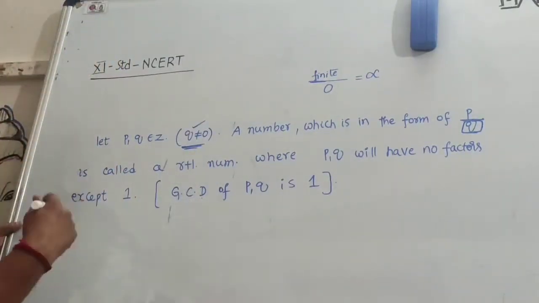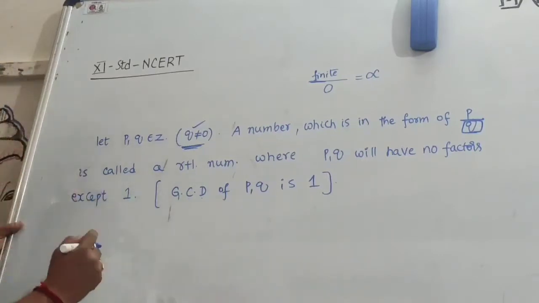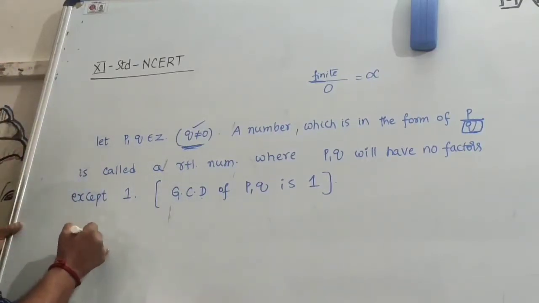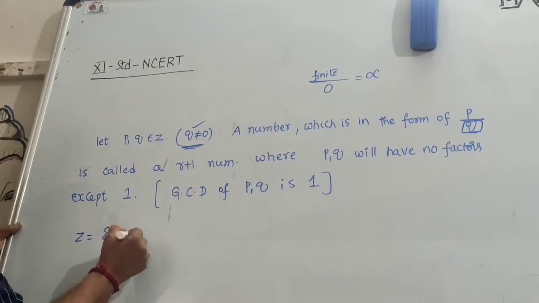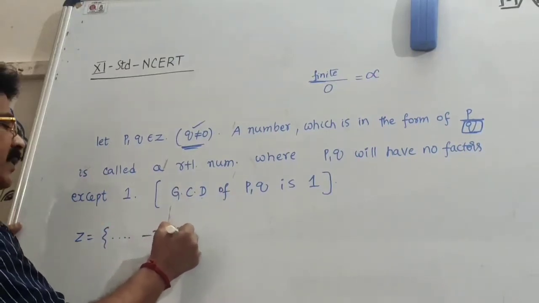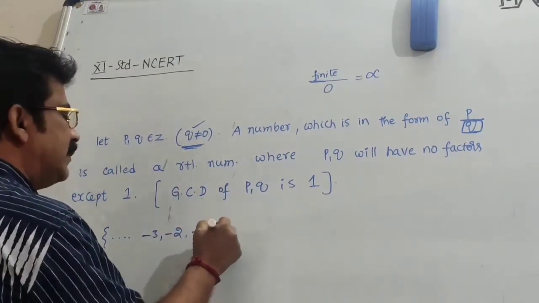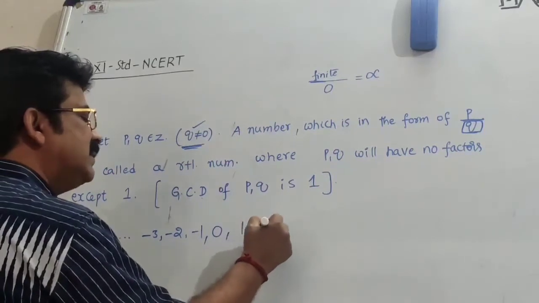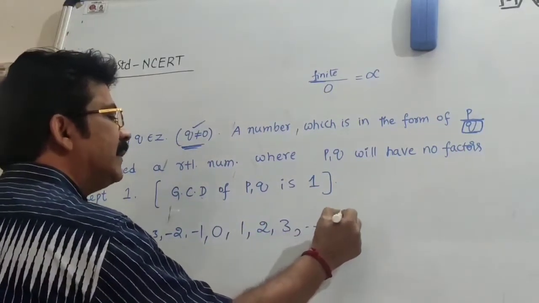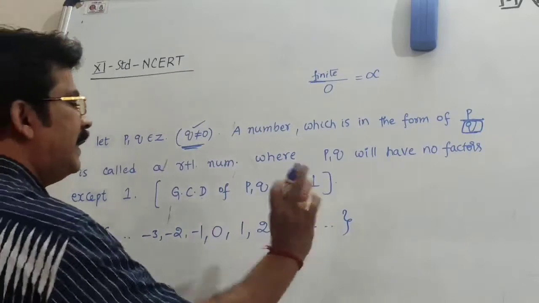Here, let us consider once again the integer set Z. Z is equal to the set of ..., -3, -2, -1, 0, 1, 2, 3, and so on. It is the set of integers.